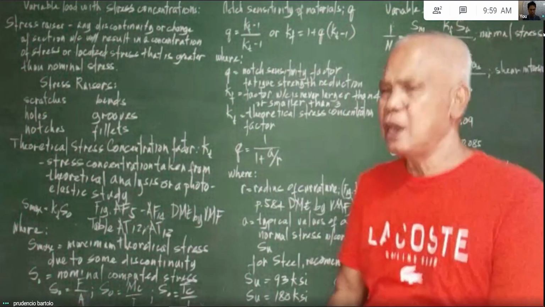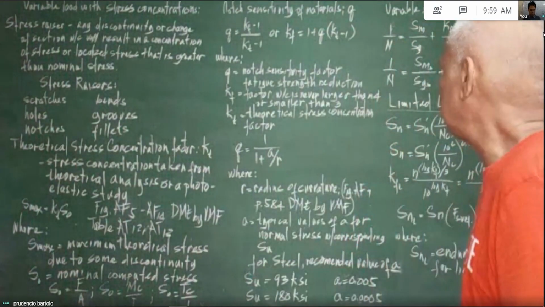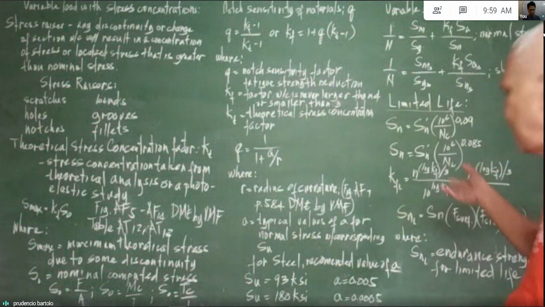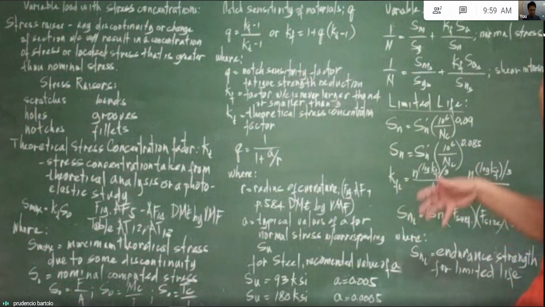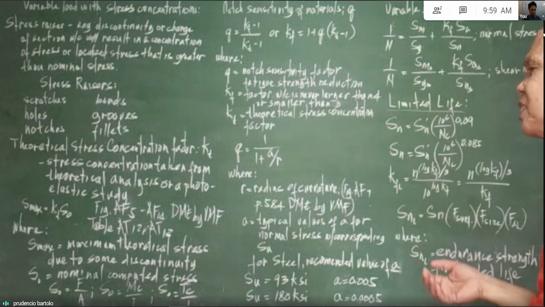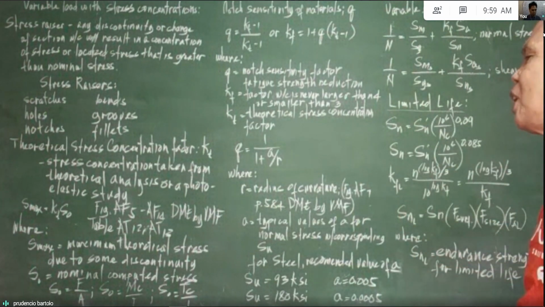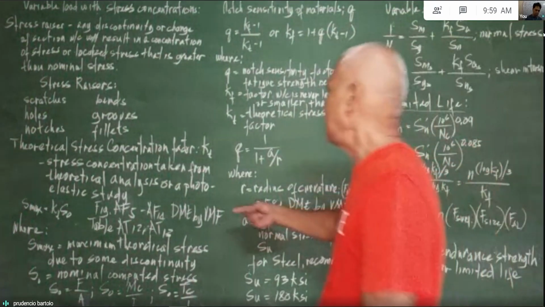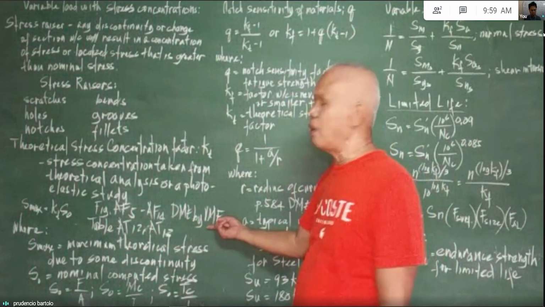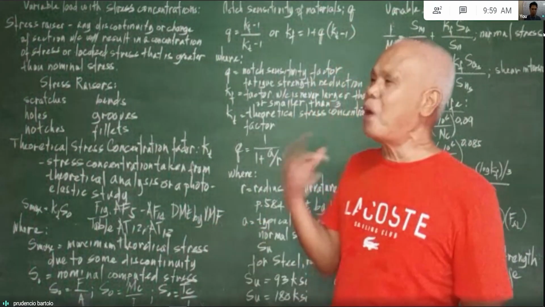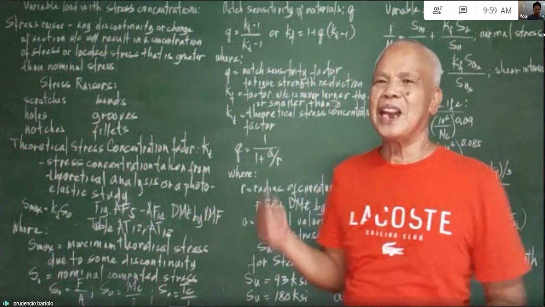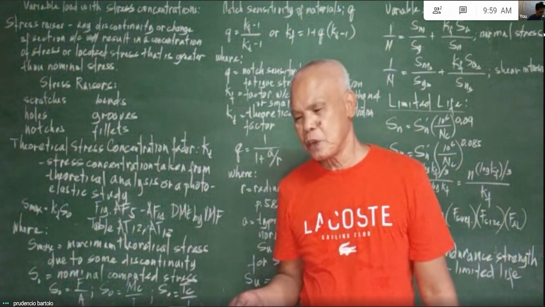Now, bear with me, viewers and listeners, to be able to clear these things out. I suggest that you read the book Design of Machine Elements by Virgil Moring, involving variable loads with stress concentrations.